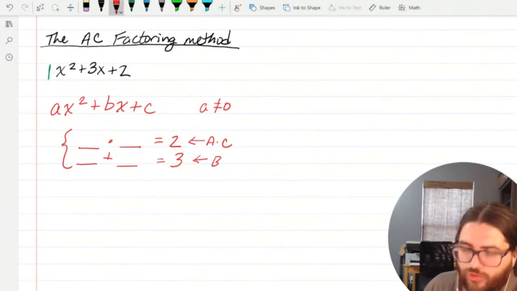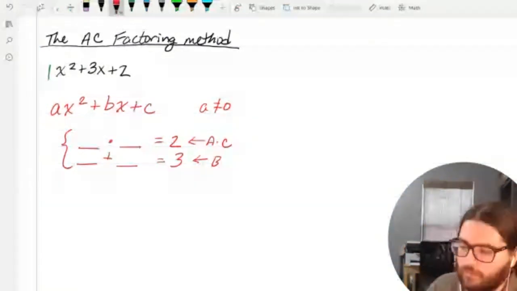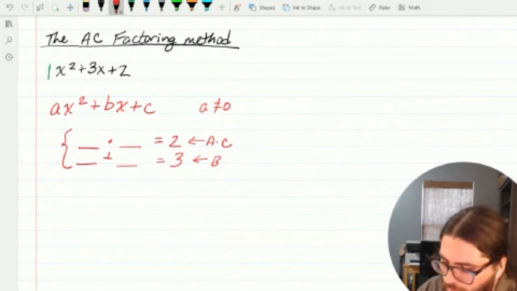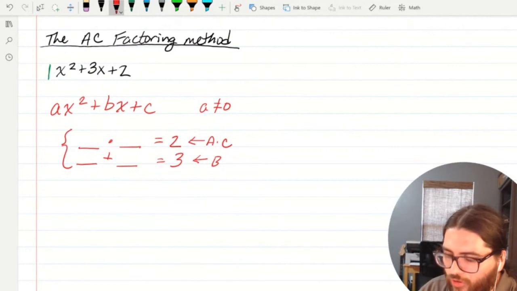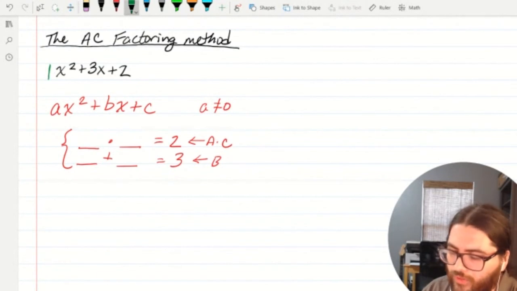So I'm looking to solve a system of equations. It's a very small one, hopefully a very simple one, but a system of equations nonetheless. As I look at this, I like to start with the multiply because there's only a certain number of ways I can multiply together and get 2. I don't want to involve fractions here. Really don't want to involve fractions.